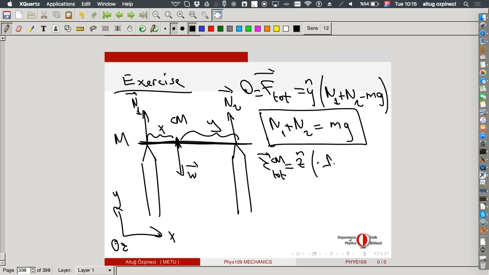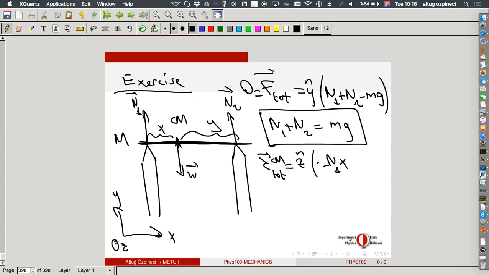It's minus N1 times x times, what's the angle between the two? Sine of 90 is 1. So this is the torque created by N1. Now what about N2? This is the point where the force is acting.